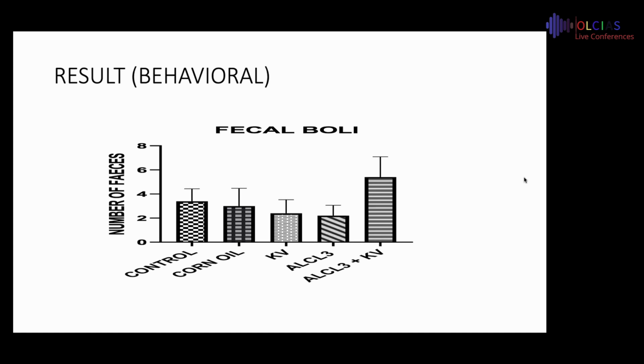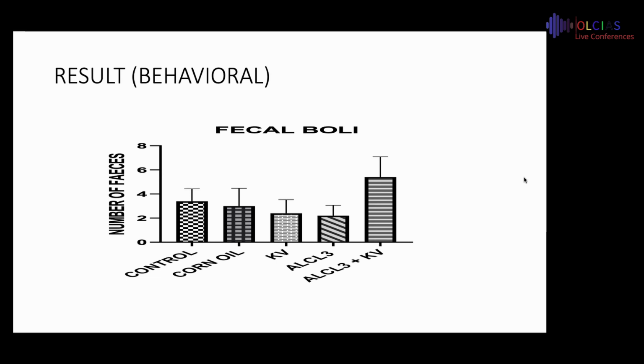Now, you can see here that the aluminum chloride group has a lesser number of vocalizations compared to the control group. That tells us that the aluminum chloride group is suffering from depression, because aluminum chloride has the ability to induce depression in experimental animals.